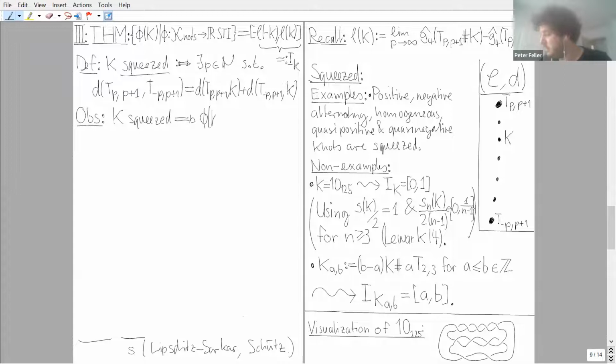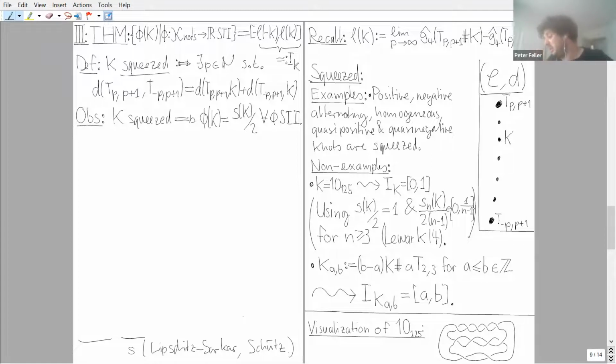So all slice-torus invariants have the same value. For example, Rasmussen S invariant halves. It's one way to say it for all slice-torus invariants. And I'm actually going to prove that for you, and it will be just a little trick with triangle inequalities.